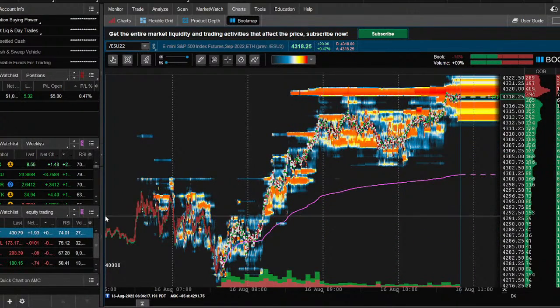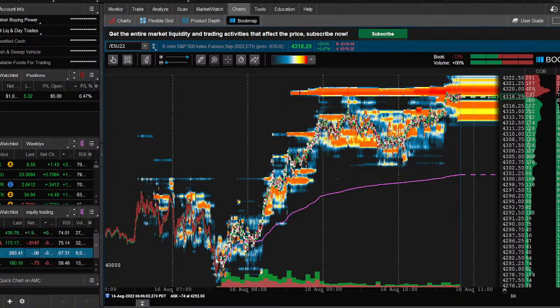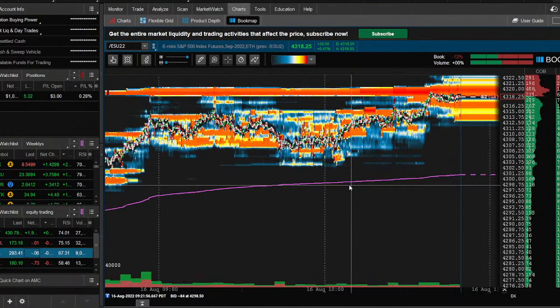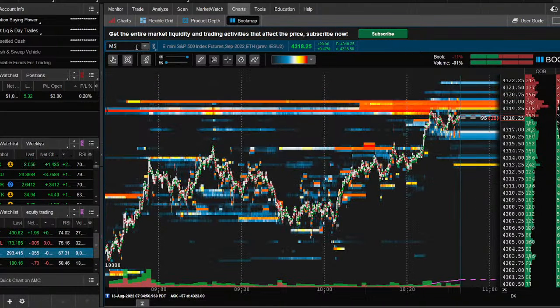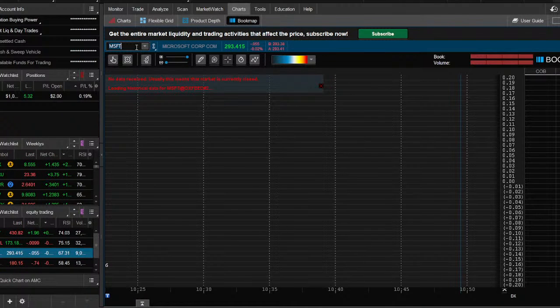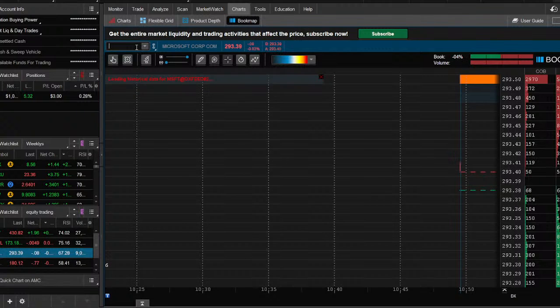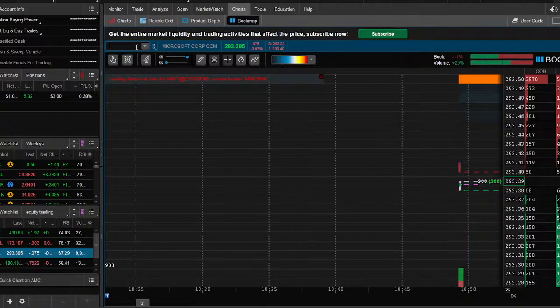That's why you can see right here I have Microsoft, to be able to see the Bookmap for it.